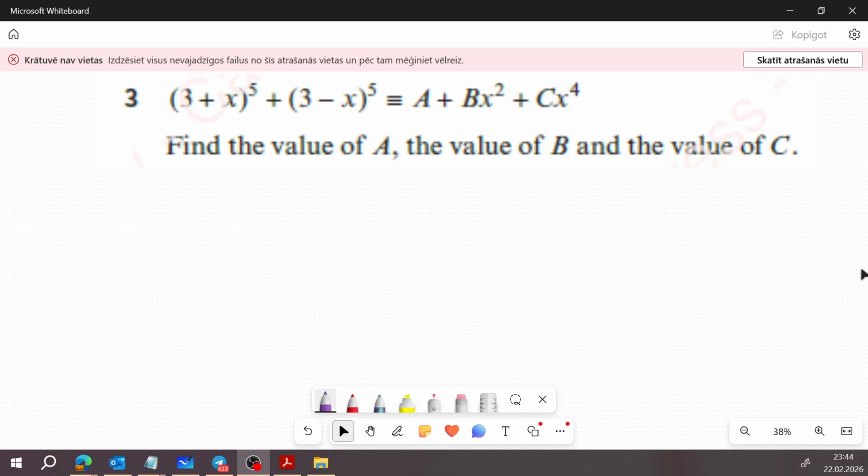So what can we do here? First of all, we need to open two of the brackets and see what happens. We have to build the Pascal triangle to understand the coefficients before. And we see also that the expressions in brackets are very similar.